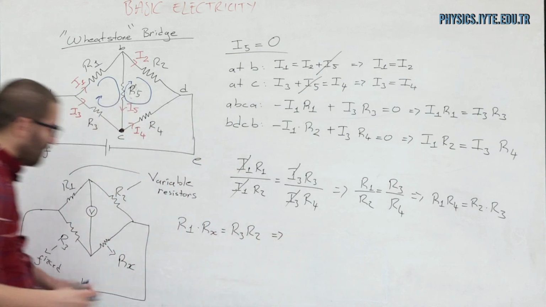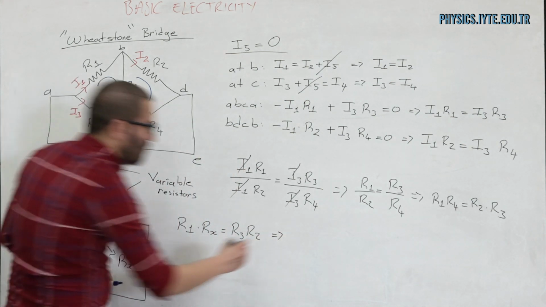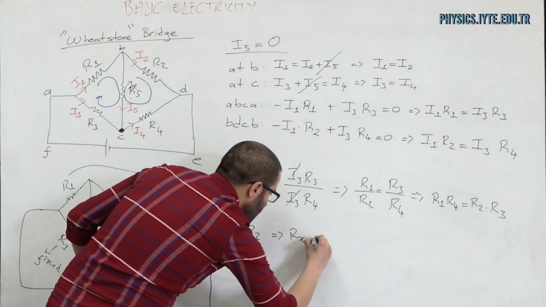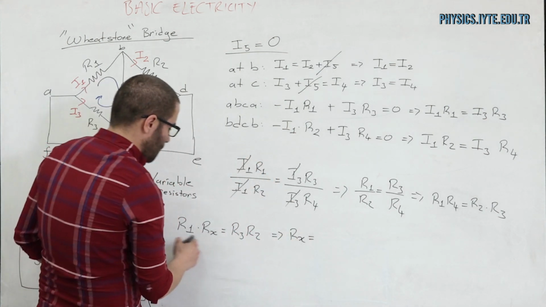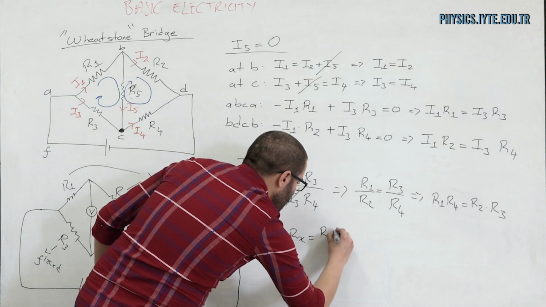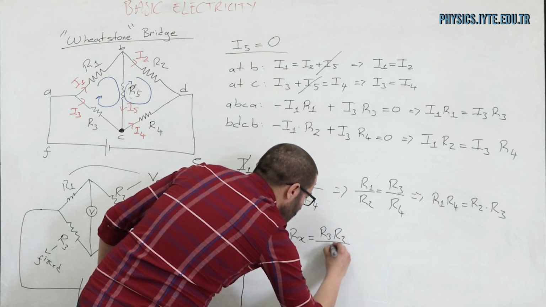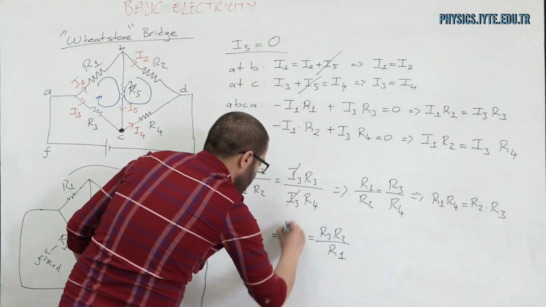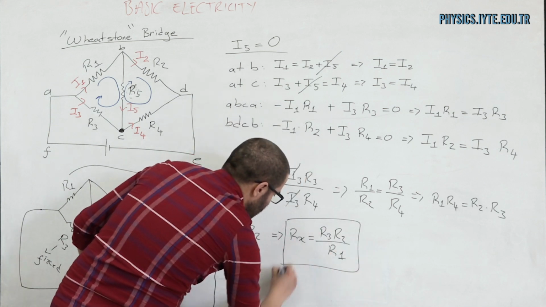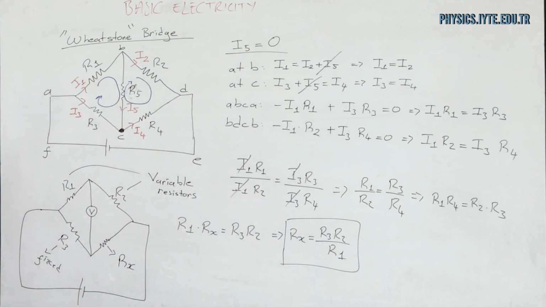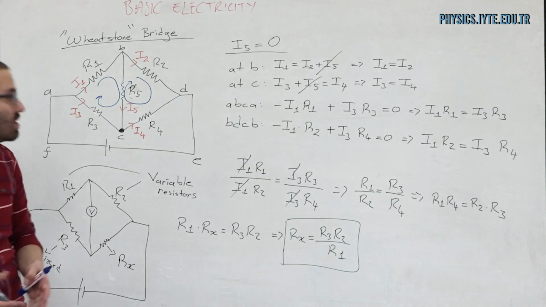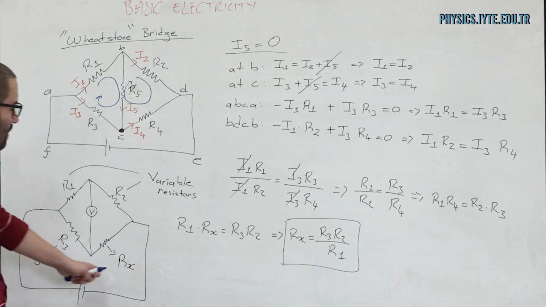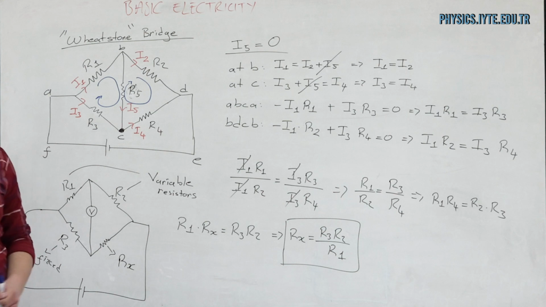So the value of the unknown resistor is Rx equals R3 times R2 over R1. So a Wheatstone bridge can help me find the value of an unknown resistor.